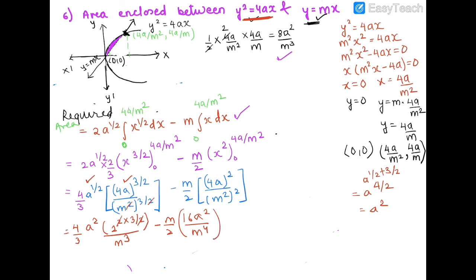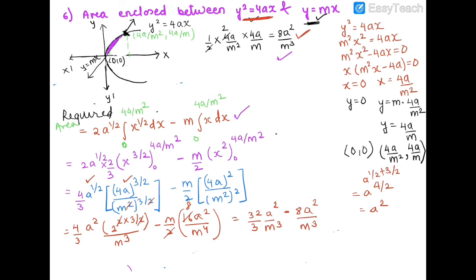So this is going to give me, I'll write it over here, 32 by 3 and a square by m cube minus, and this is 8 over here, and 1 m will get cancelled, so 8a square by m cube. ऐसा हो गया ये, देखो ये 8a square by m cube हमारे पास पहले ही आया हुआ था.